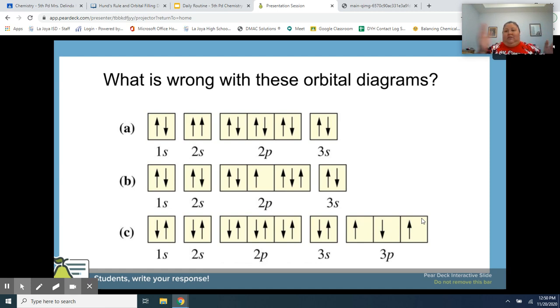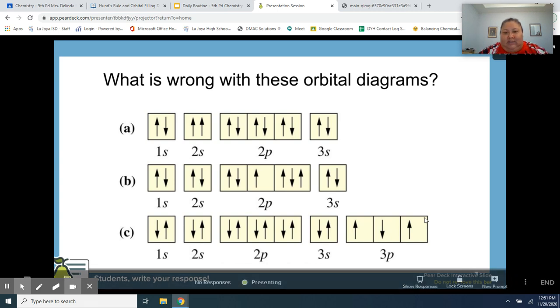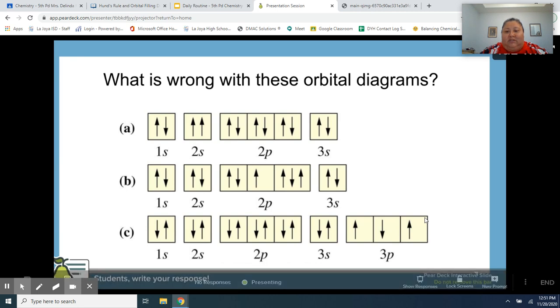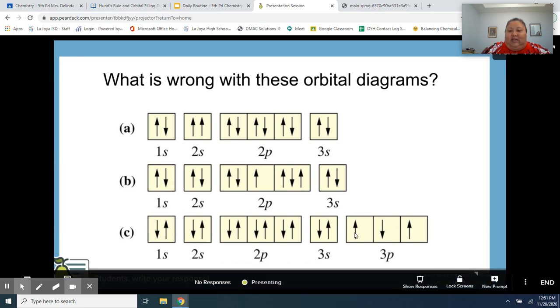If I got an arrow in each box, that means I got electrons in each. But they're single electrons. This arrow's okay, but should this second orbital have a downward pointing electron? Should this electron be pointing down?